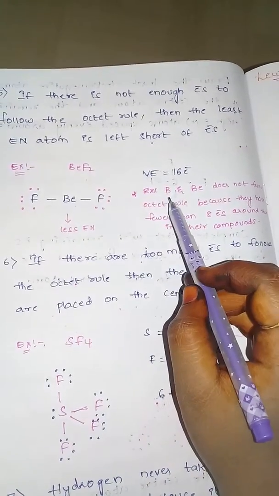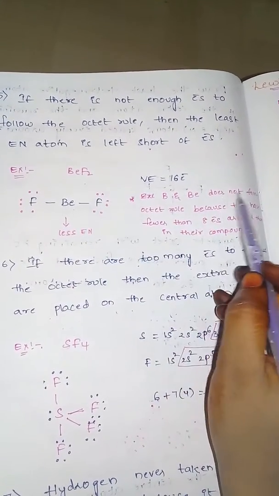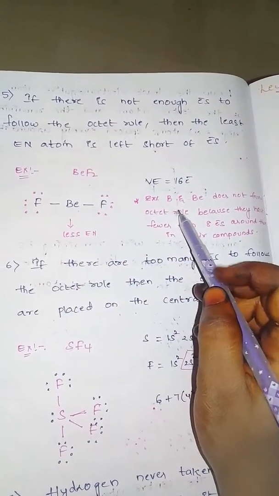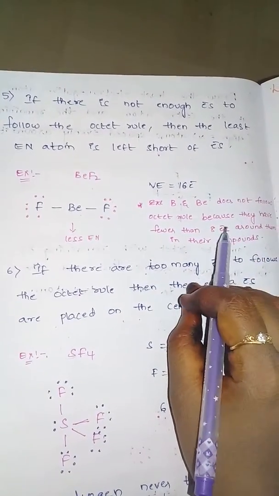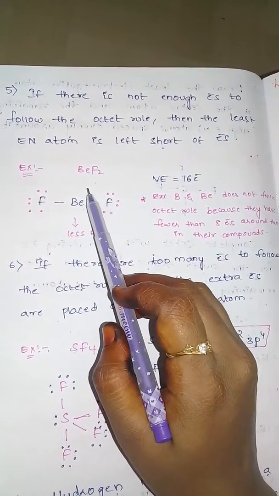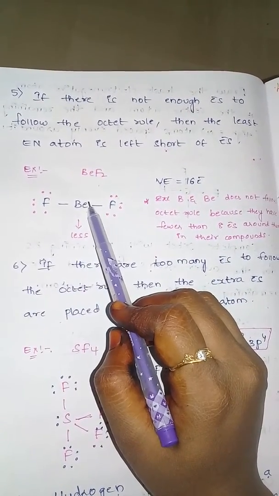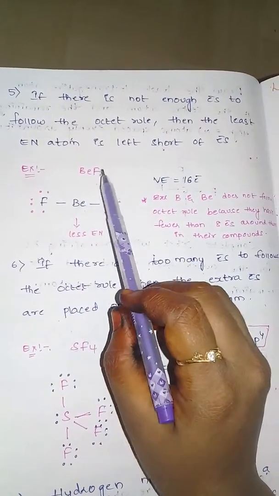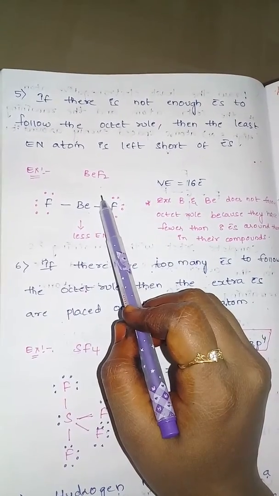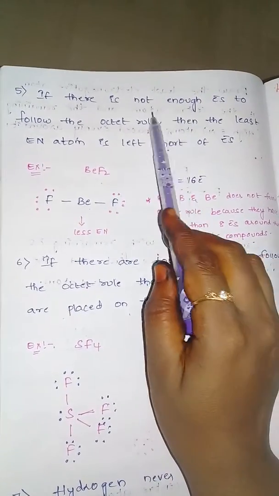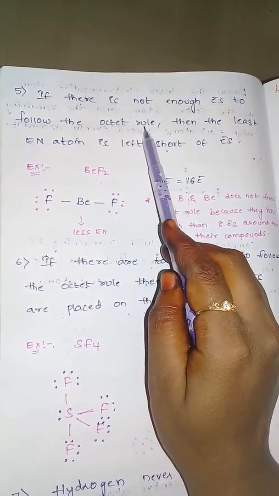The exceptional cases are boron and beryllium, which do not follow the octet rule because they have fewer than 8 electrons around them in their compounds. Here there are only 4 valence electrons, not enough electrons to follow the octet rule.